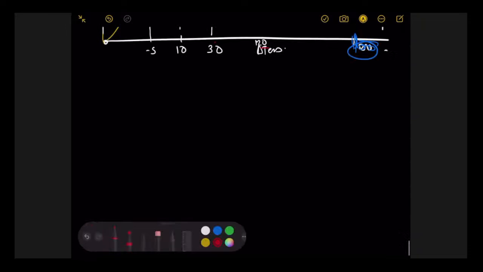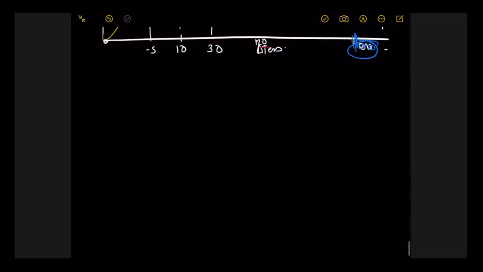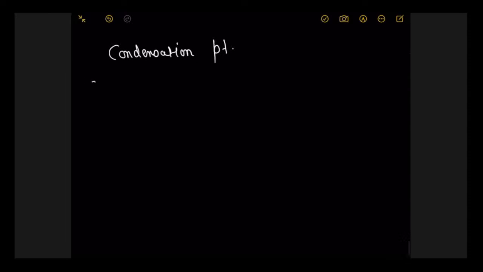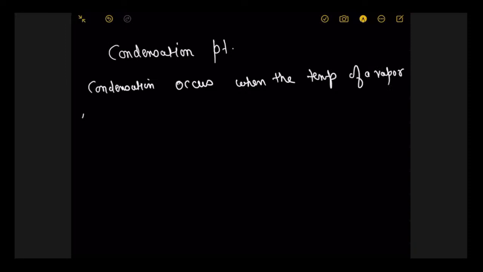What is condensation? Condensation occurs when the temperature of a vapor is reduced below its saturation temperature, Tsat.